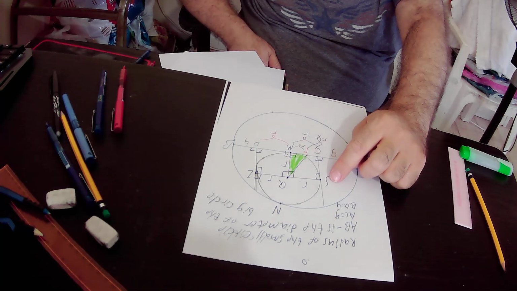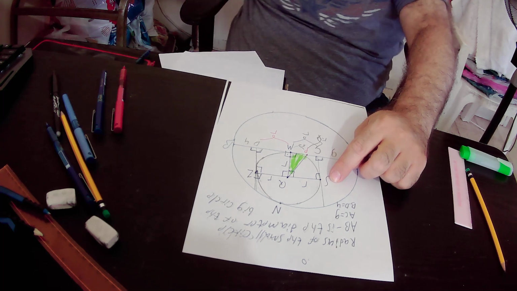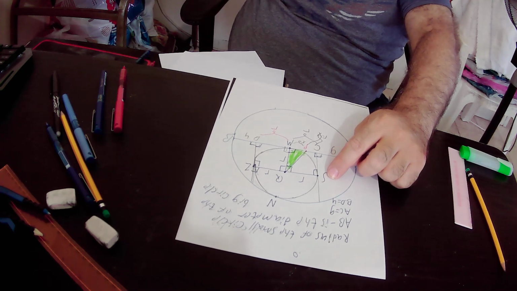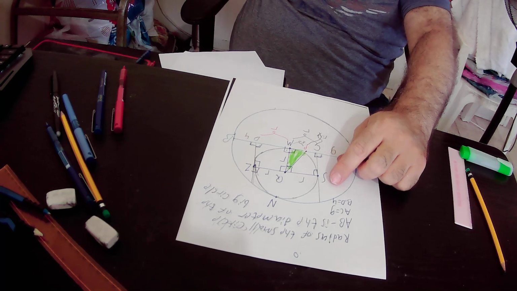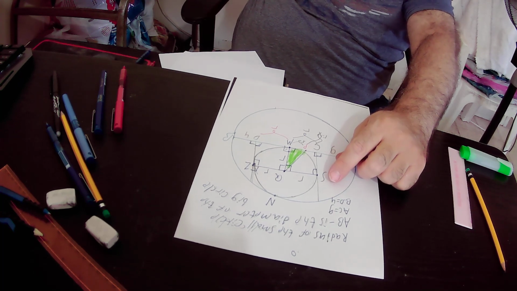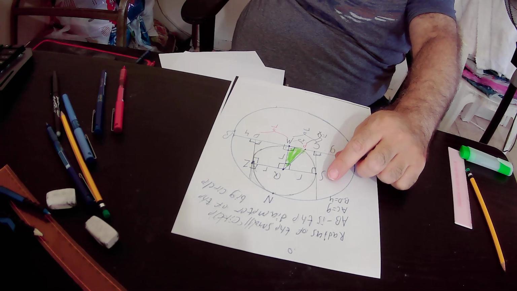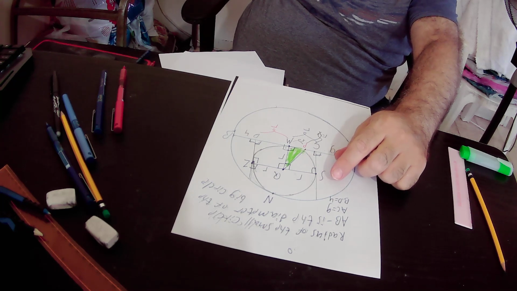The launch point here is point S, so the tangent is perpendicular to the radius at the launch point.